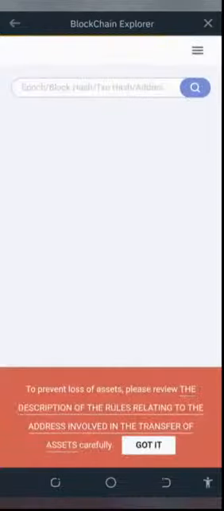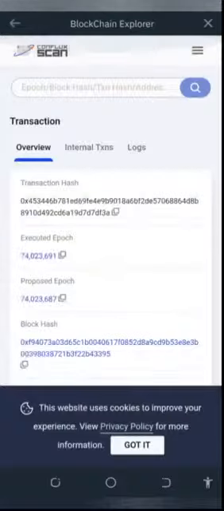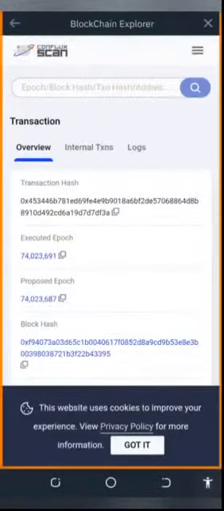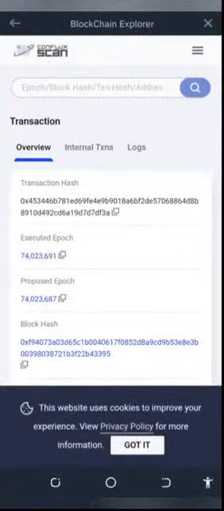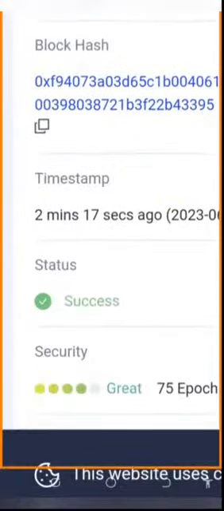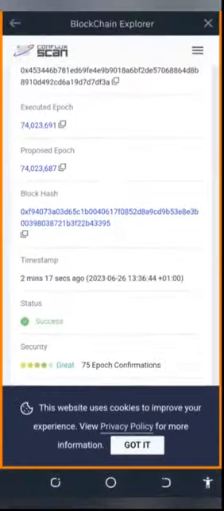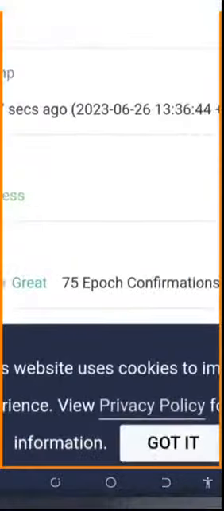It takes time. Okay, to prevent loss of assets, please... Oh, what's all this? Okay, got it. Let's see what is going on here. Is there anything we need to check? This is Conflux Scan. All right. It's still doing its thing. Okay, still working. It says success. Status is success. All right.